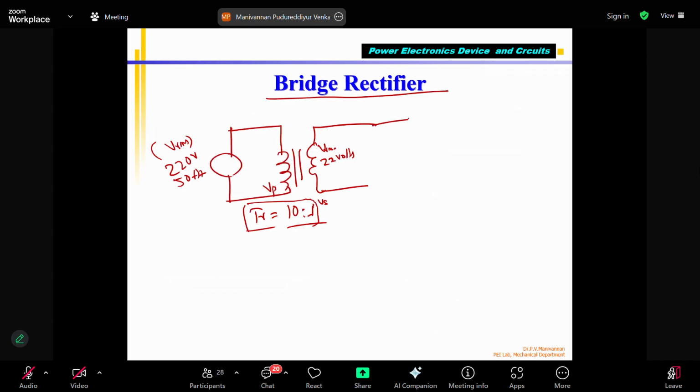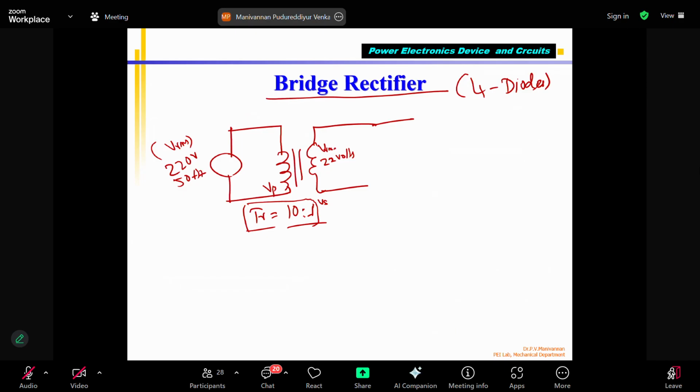Now, the bridge rectifier circuit needs 4 diodes. Please note that in the half-wave rectifier, 1 diode is sufficient, but the only drawback is that only the positive half cycle is converted to DC voltage. The negative half cycle is not utilized, so it is not good. You are wasting power. So I can go to the full wave rectifier. If I use the full wave rectifier, I need 2 diodes and a center tap transformer.